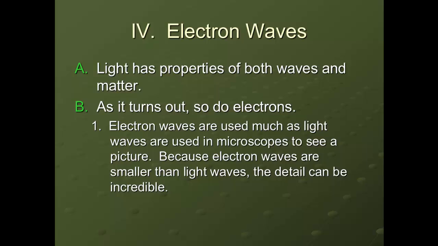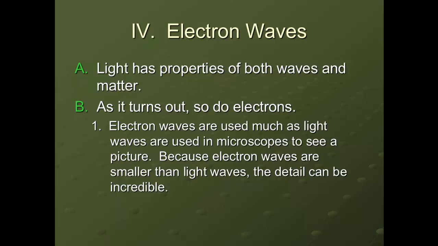Light has properties of both waves and matter, and it turns out electrons do too. So electrons have wave properties, and because they have wave properties, they're smaller than light, and we can use them to show the same sort of properties that we would show with light.